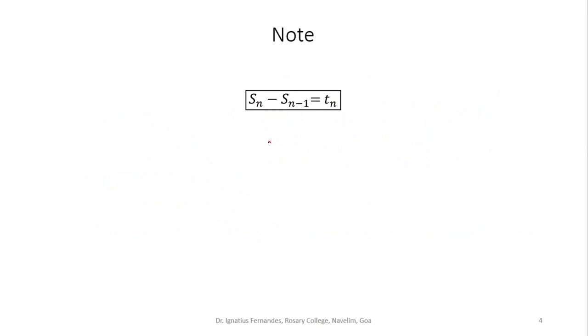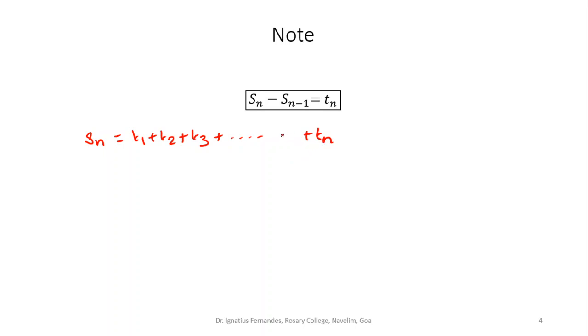Note that the way we have defined this Sn, Sn minus Sn minus 1 is the Tn itself. If you just recall, Sn is the sum of the first n terms: it is T1 plus T2 plus T3 and so on plus Tn.